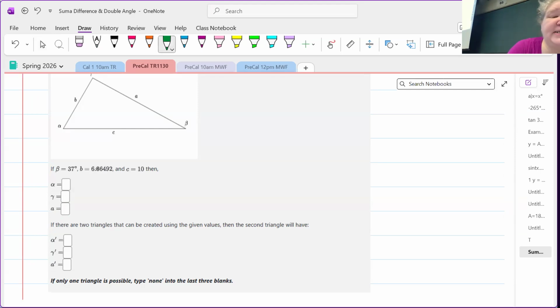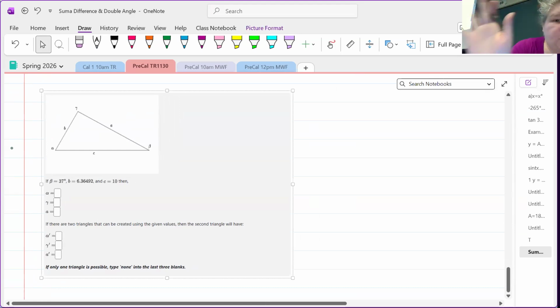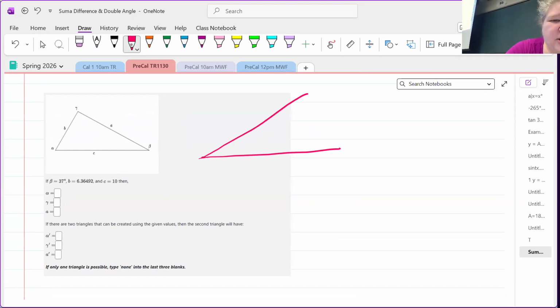Now this setup is a two triangle setup, but I'm just going to do the first triangle. And I'm going to redraw the triangle because I hate theirs. On the test, we're not going to draw the triangle for you, so you can draw it in whichever way you want. So I'm just going to go with my big flat side, long diagonal, short diagonal.